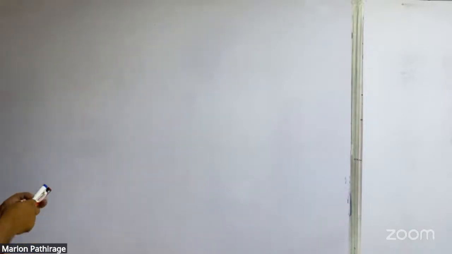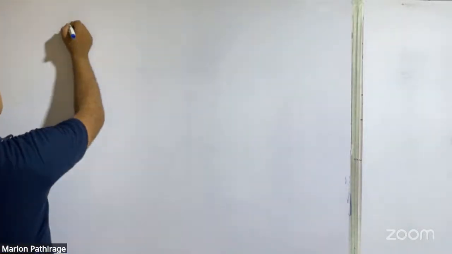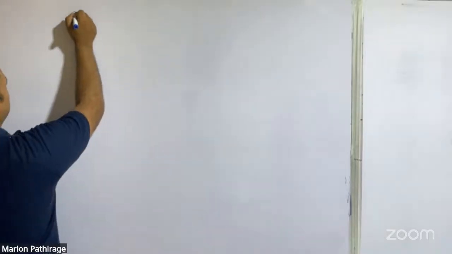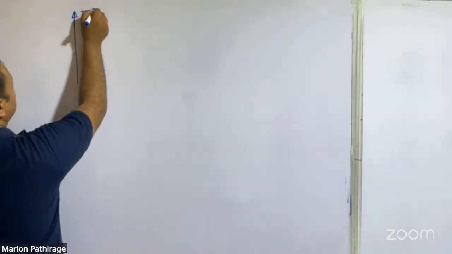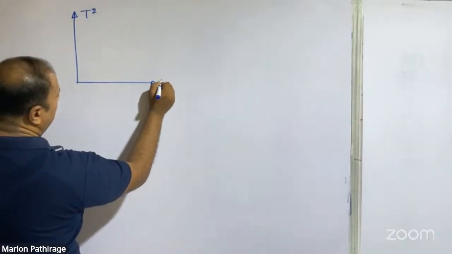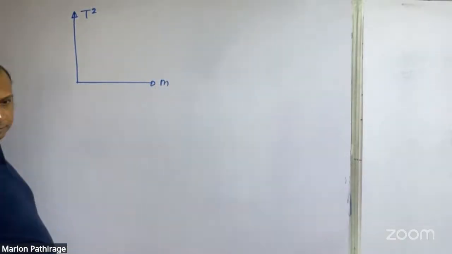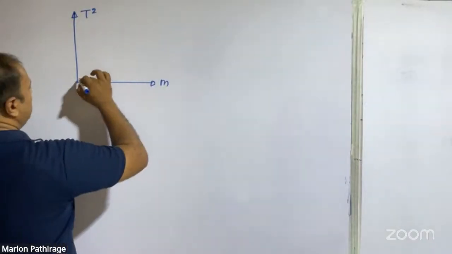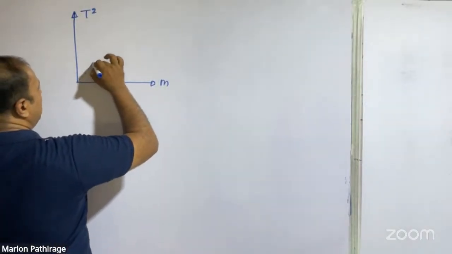Okay, look at this one. We know this graph is plotted between T square and M. So it is very clear it should be a y equals mx type graph.